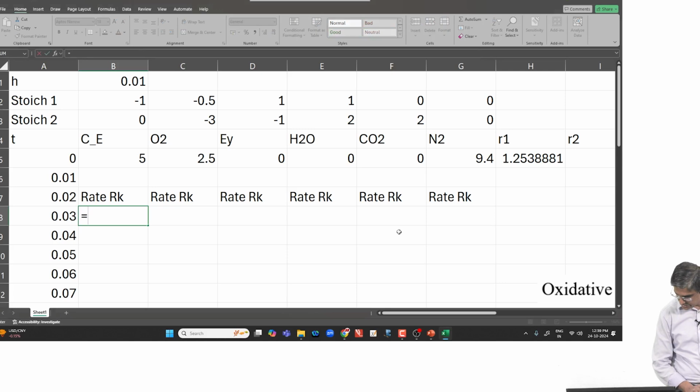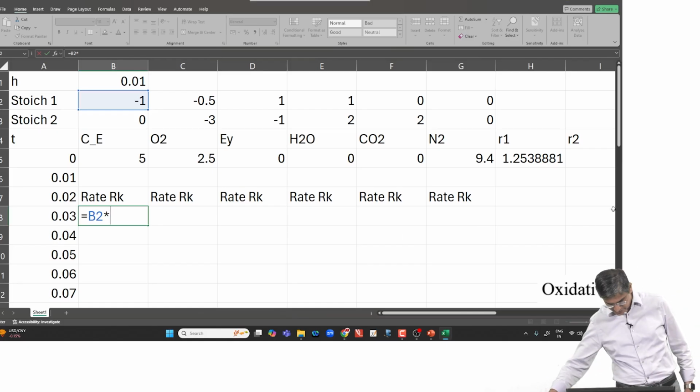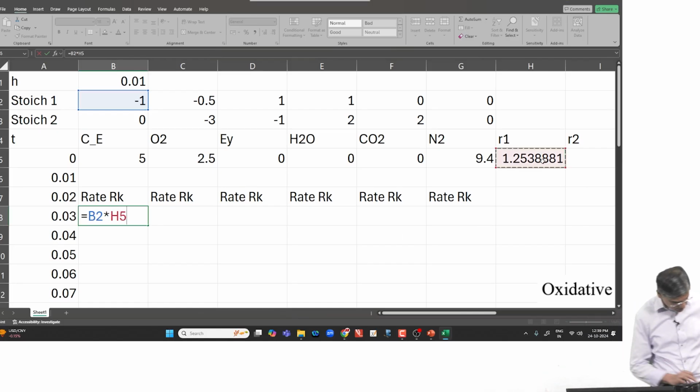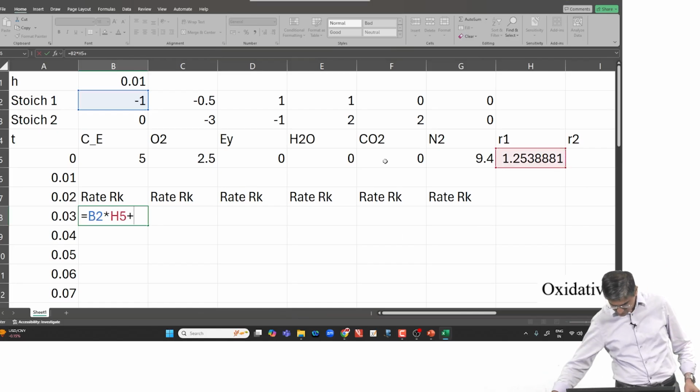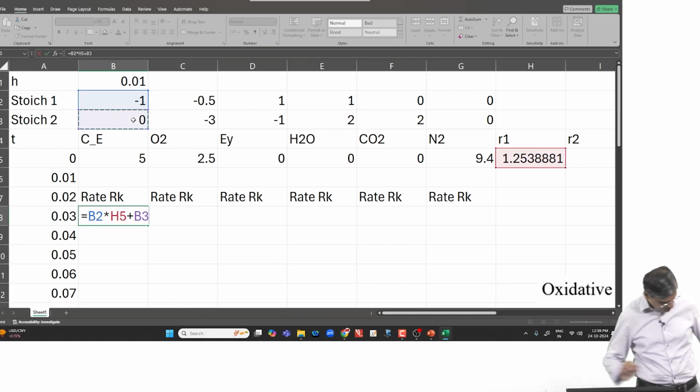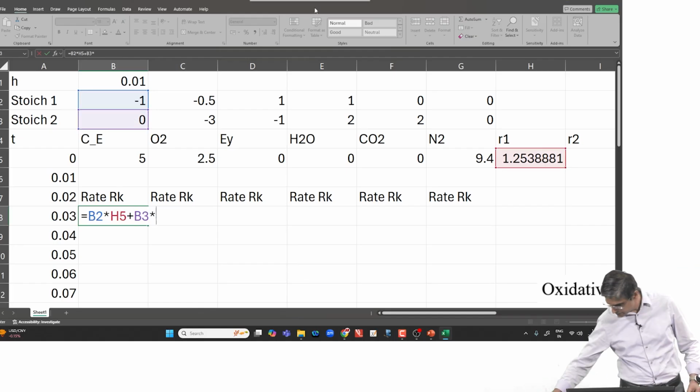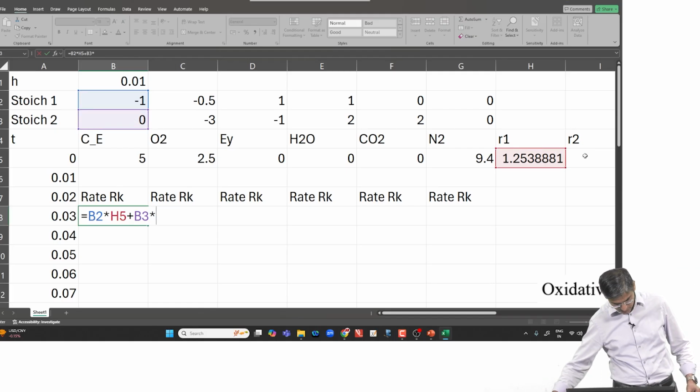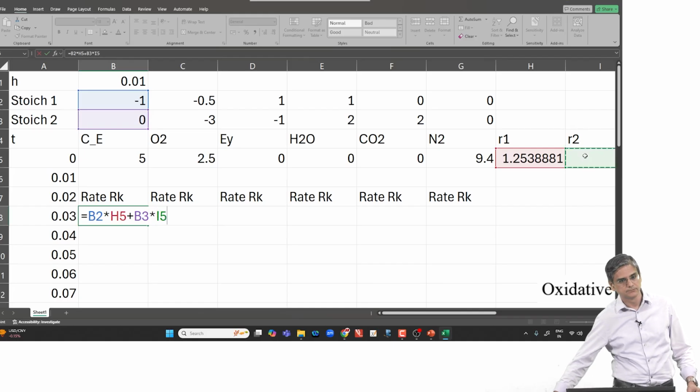This is going to be equal to this multiplied by this plus this multiplied by this. We will put dollars.